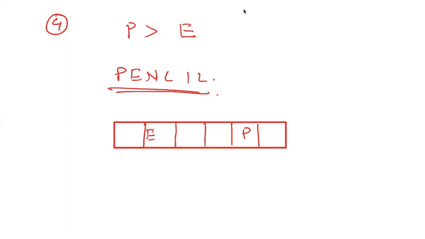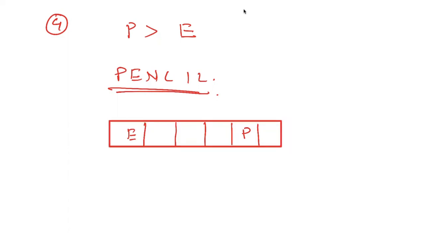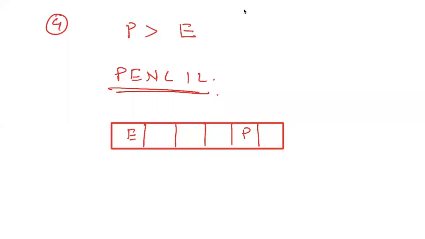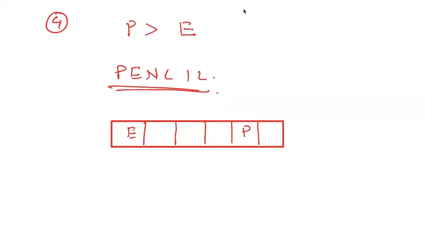Either we can count this way: if E is at this place, then P has to go from the first place up to this place, right? Everywhere it can go. So P could be here, right? The places could be 1, 2, 3, 4, or 5, so the first five places are possible.